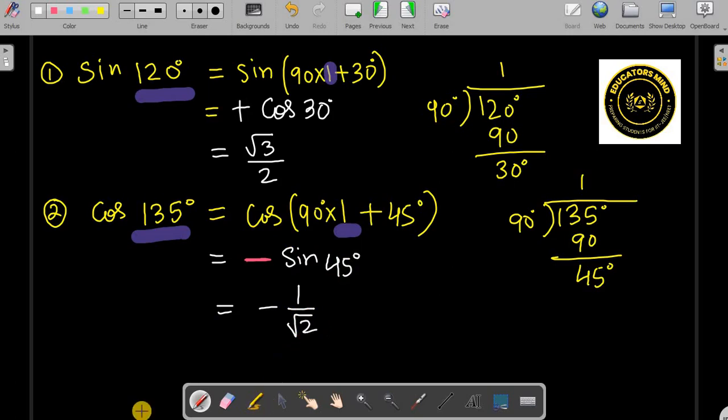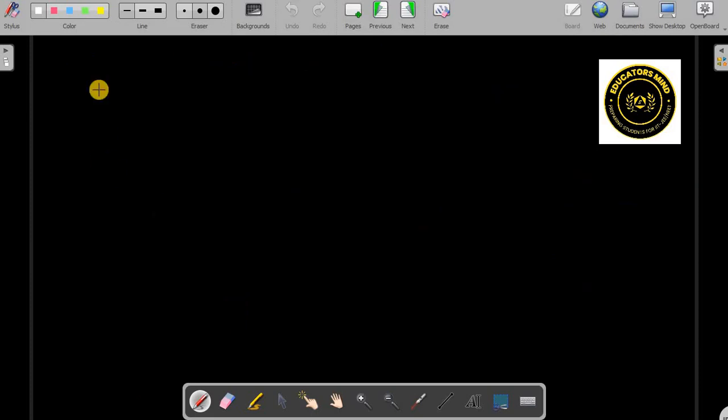So you need to practice more questions on this, and then you can do it. This is the conversion. So conversions will happen from which function to which function? Sine will convert into cos if n is odd, otherwise no conversion happens. Similarly, cos can convert into sine.